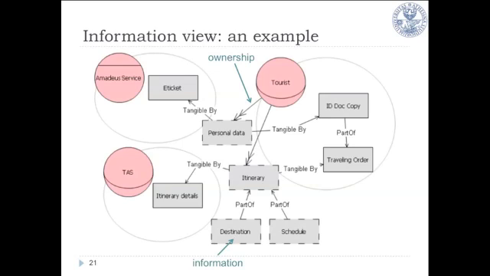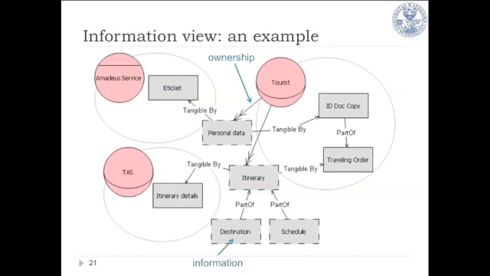Here is the information view for our example. So the tourist has document ID, document copy, which is part of traveling order, who has a set of documents. He owns the information regarding his personal data.